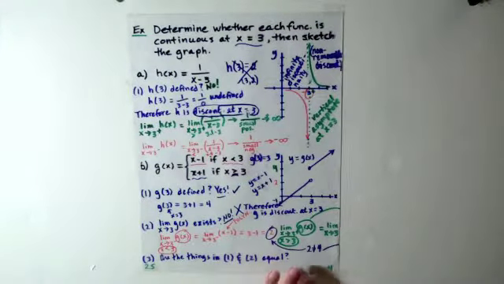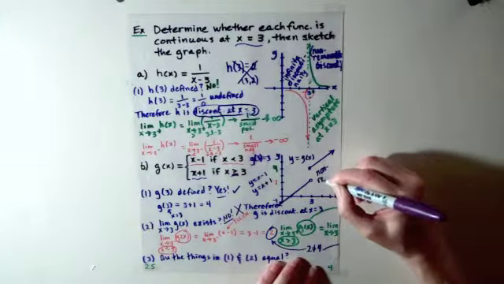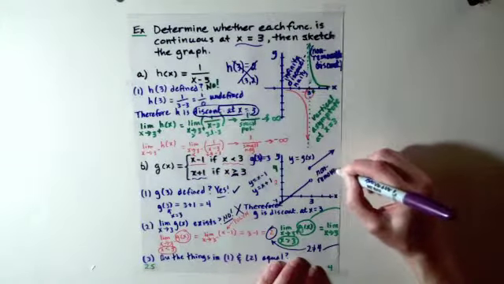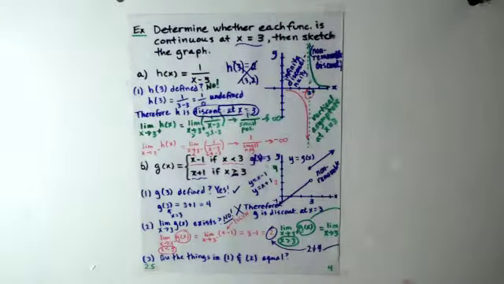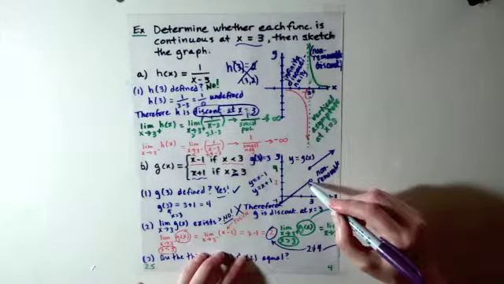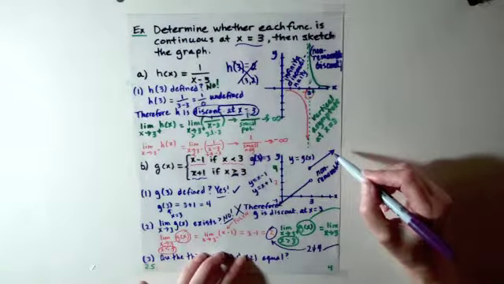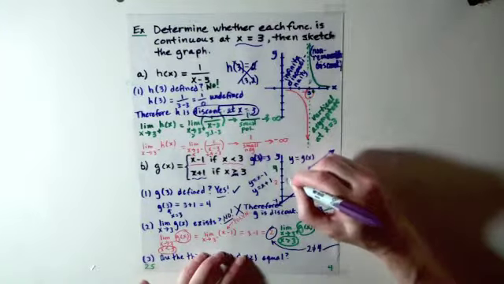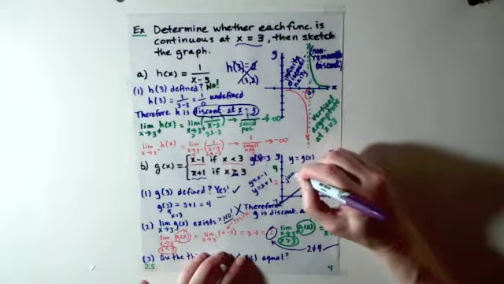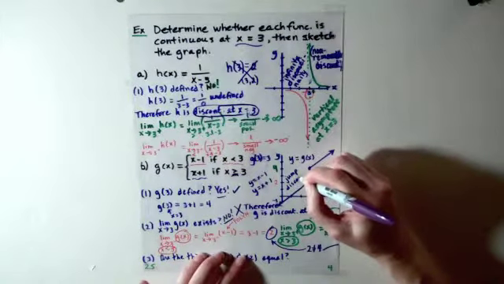So again, this would be a non-removable discontinuity, and this particular type of discontinuity where we have a chunk of the graph and then boom, it jumps up and we have another chunk of the graph at a different height is called a jump discontinuity. So this is referred to as a jump discontinuity.